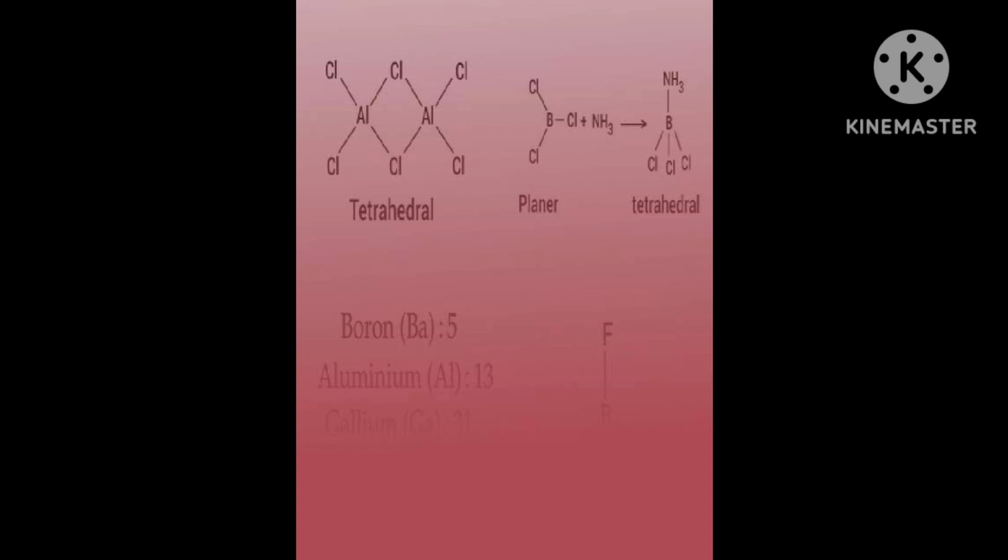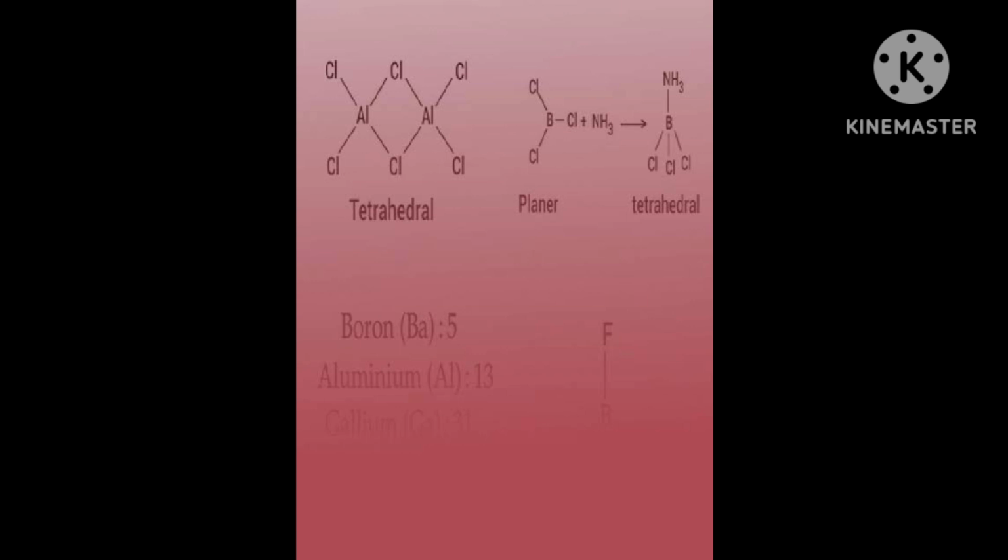A question is asked. Aluminium and gallium are amphoteric, meaning they can behave as acid and base, and those of indium and thallium are basic in their properties. Don't forget.